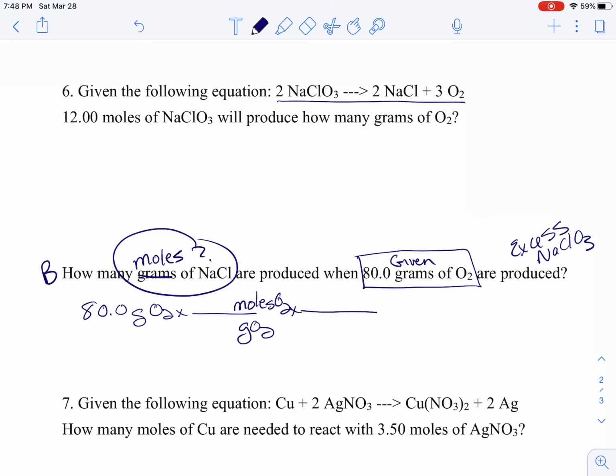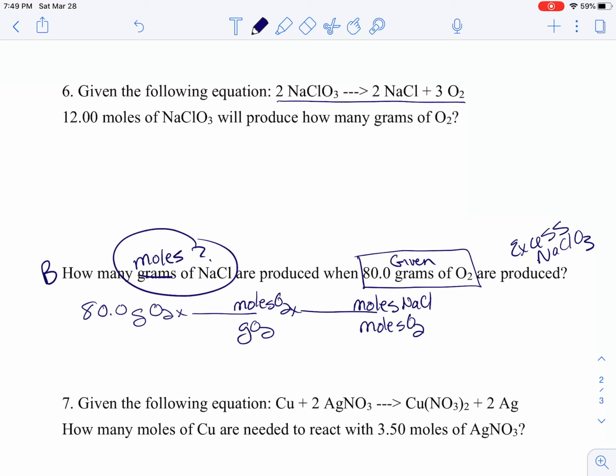So that is substance A. Now we want to go from substance A to substance B. So substance A is O2 and substance B is NaCl. So we have to convert moles of O2 to moles of NaCl, and that is where we're going to stop for this problem since we changed it and we're only going to find the number of moles of NaCl.